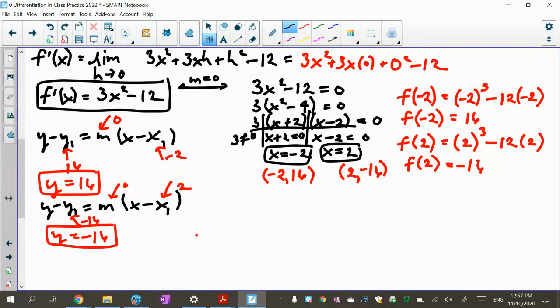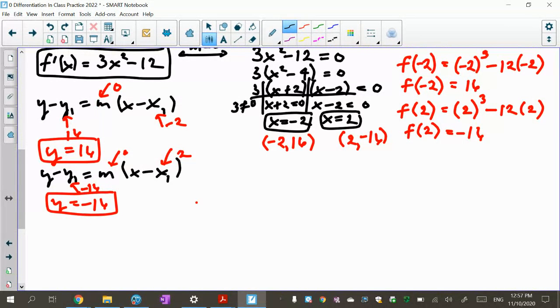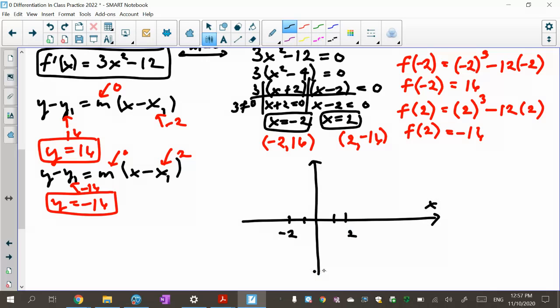And now I'm going to do a little sketch of the graph because I give you a whole page, so let's use it. I'm going to sketch this graph here, at negative 2 and at positive 2, with this as my x and my y. This is not to scale, but it's going to kind of look like this.